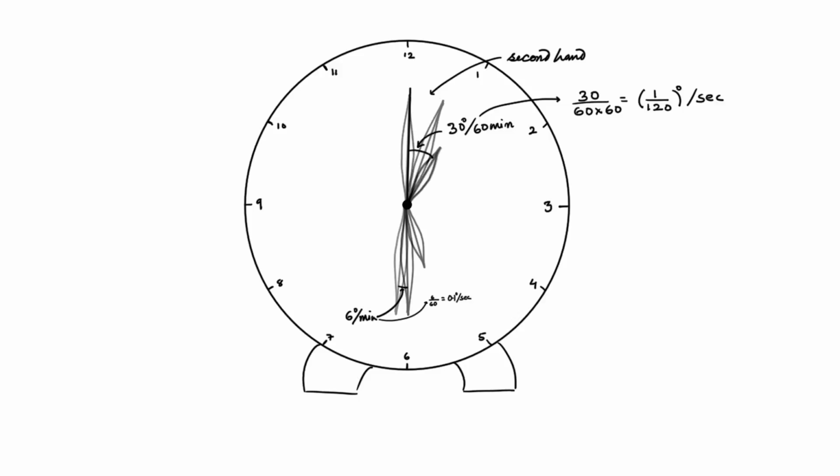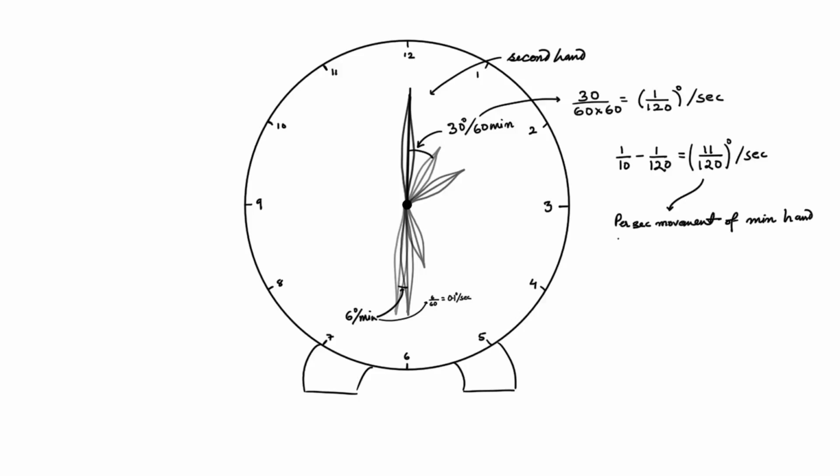Now the simplest thing that we can do is subtract both of them: the angular movement of the minute hand minus the angular movement of the hour hand, and we will get something like this. This is the relative movement of the minute hand with respect to the hour hand.